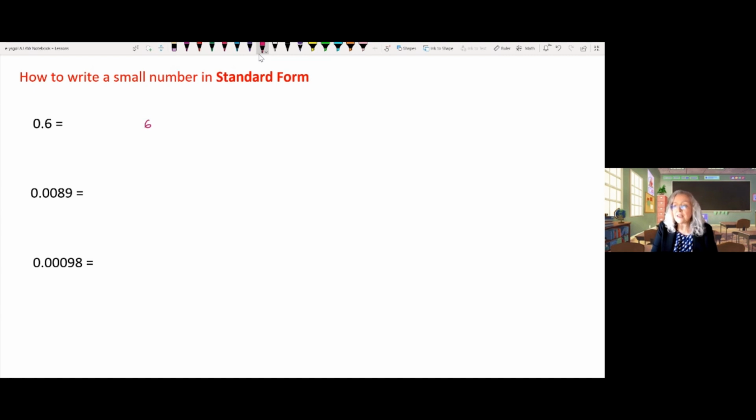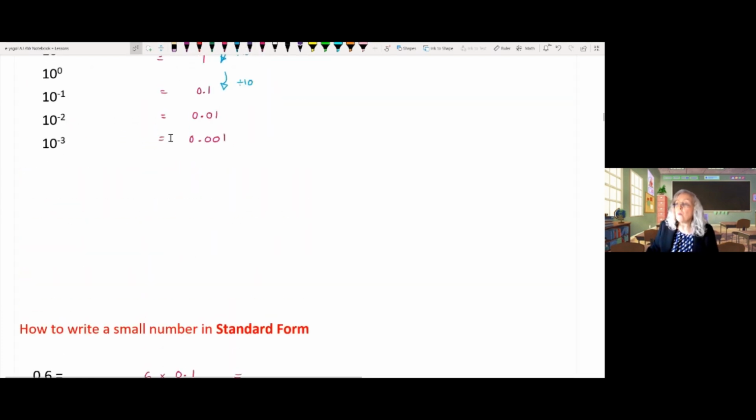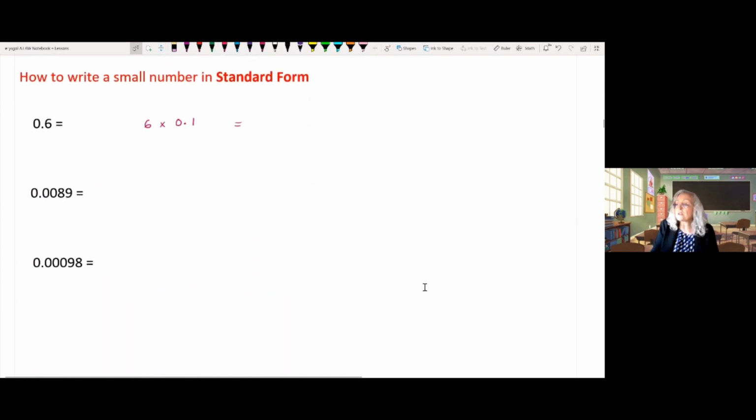Well, in order to get from 6 to 0.6, you'd have to multiply by 0.1. 6 multiplied by 0.1 gives me 0.6. And 0.1, we checked earlier, is 10 to the minus 1. So this one can be written as 6 multiplied by 10 to the minus 1.